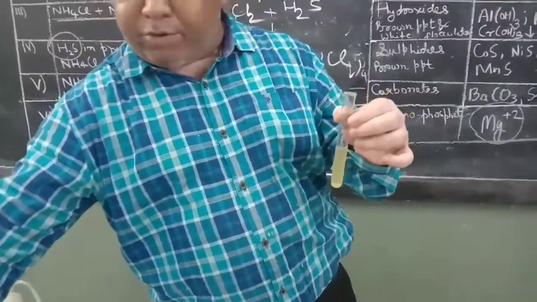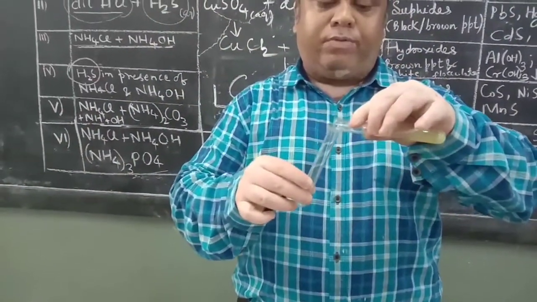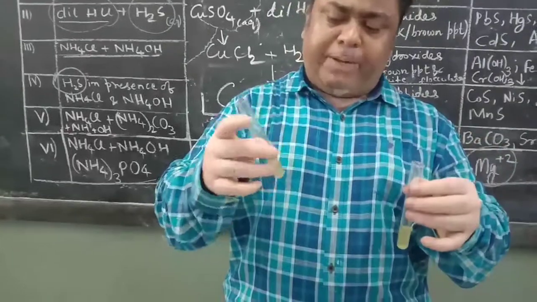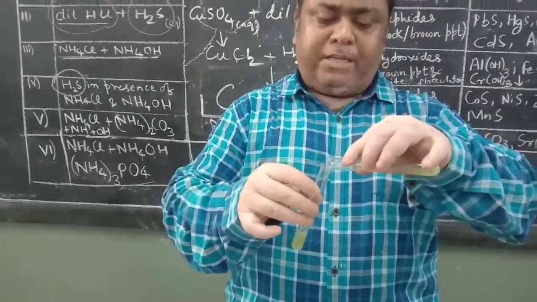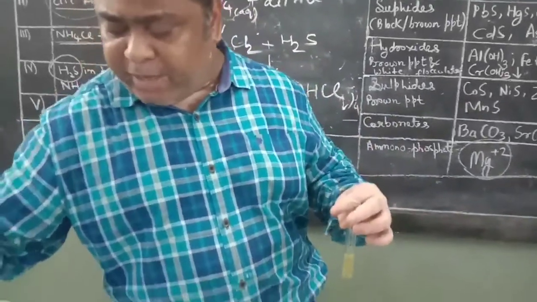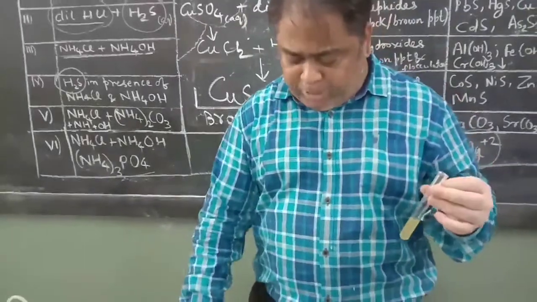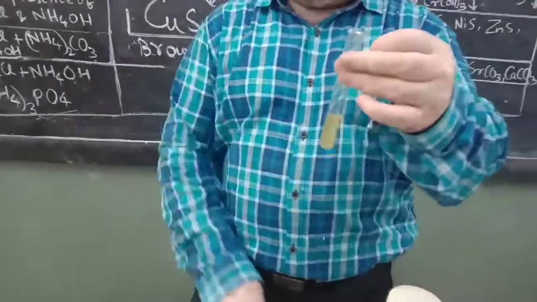If you take lots of salt, then there will already be a deposition, so I will just decant it off. I could have taken a pinch of salt, but in the camera it will not be seen, so I have taken one scoopful. This can be used for a second set of reaction. Now to this I will put a pinch of ammonium chloride.